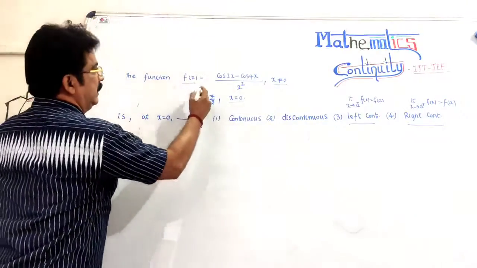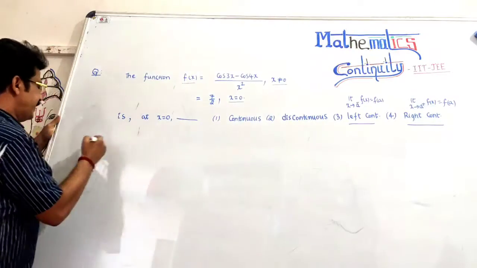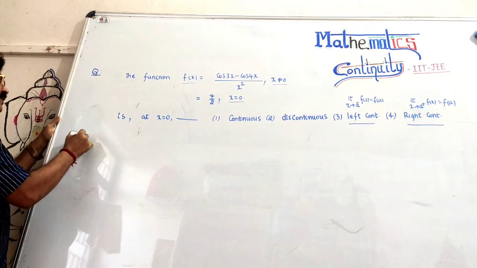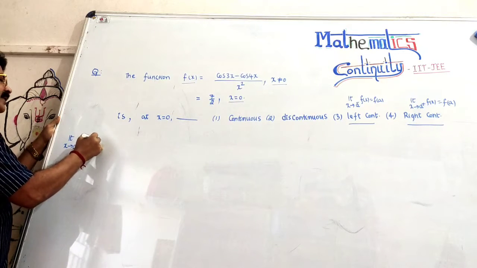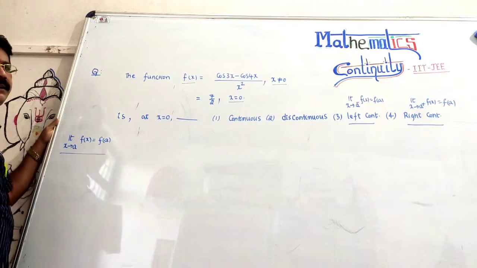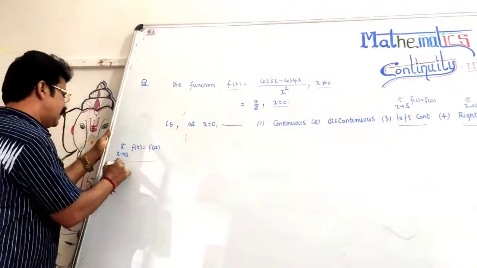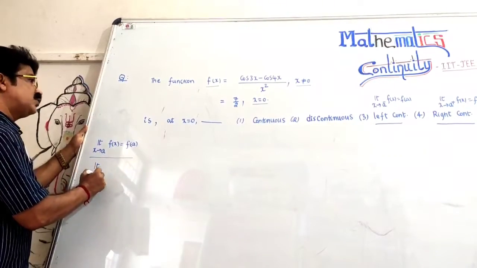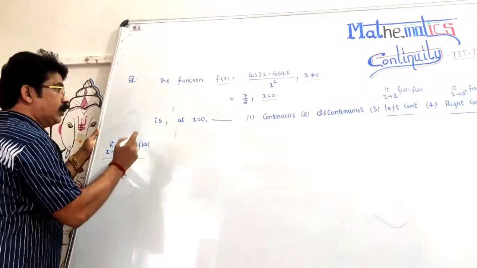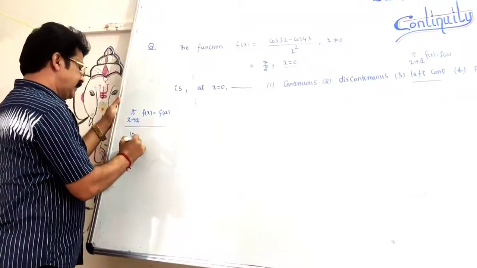Actually, limit definition: if limit x tends to a, f of x is equal to f of a, then it is continuous. Here, discussion is at 0. So therefore, of course, it is the breaking point.